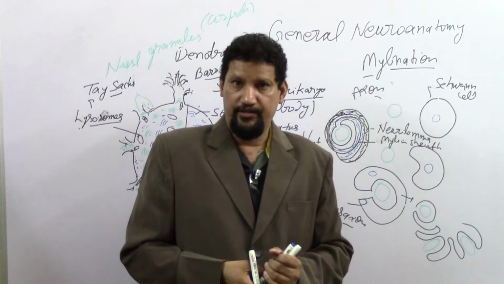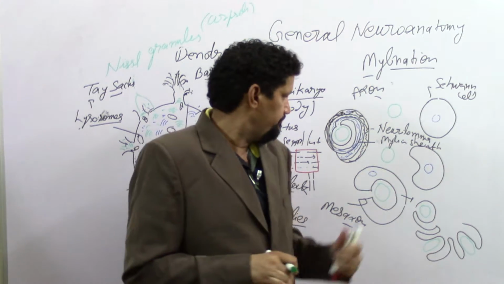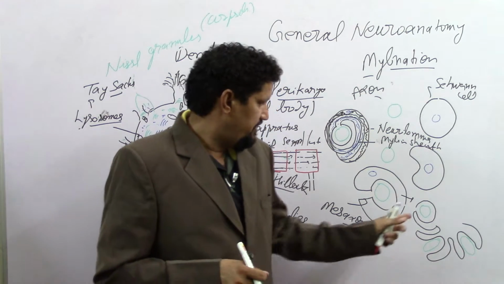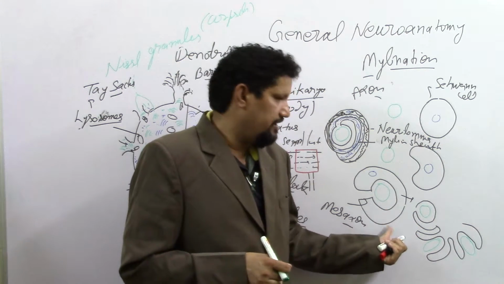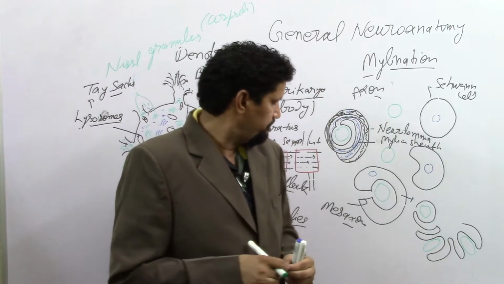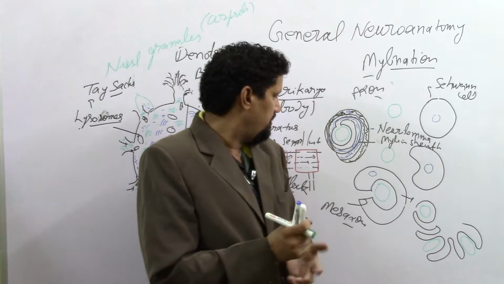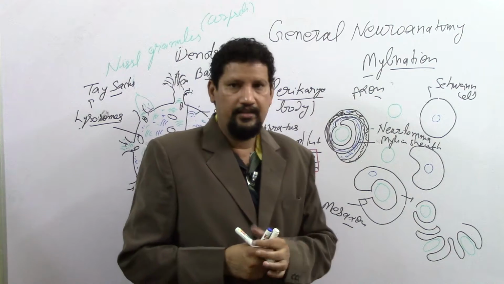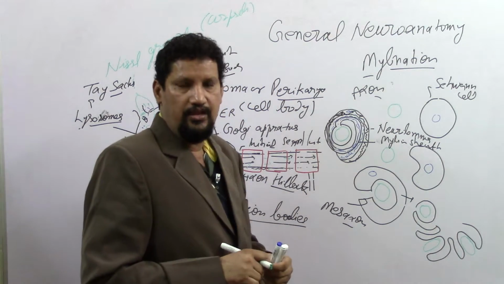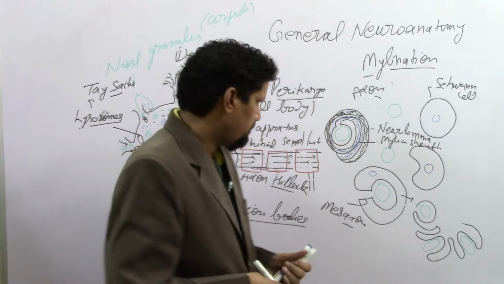In case of oligodendrocytes in the central nervous system, they form the myelin sheath, but they don't form a sheath of cytoplasm and cell membrane on non-myelinated axons. So the central nervous system when injured is not regenerated, and it forms a scar tissue by astrocytes.